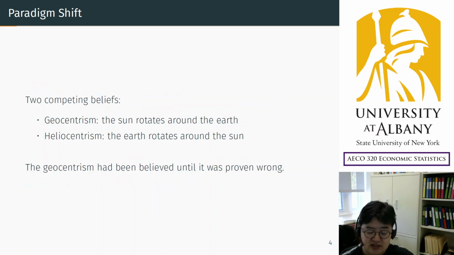Another example is the paradigm shift. You may have heard about this in the history of science. There were several major paradigm shifts. Maybe one of the most revolutionary and most famous was geocentrism, right?